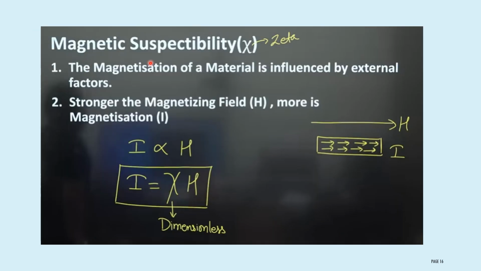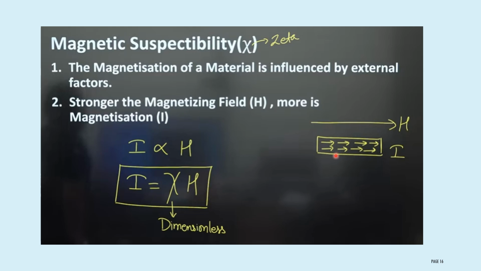Magnetic susceptibility zeta. First one, the magnetization of a material is influenced by external factors. Second point, the stronger the magnetizing field H, the more the magnetization. If you apply a strong magnetic field, then the magnetic dipoles inside the iron core will get aligned in the proper direction.